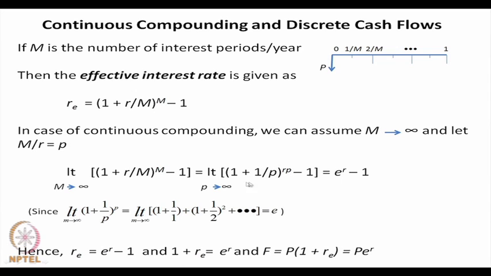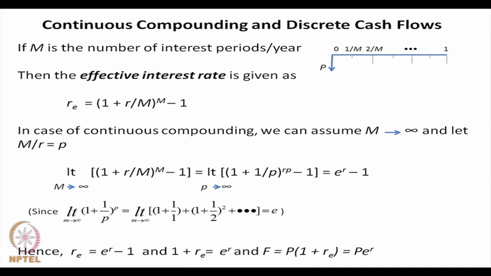Now, this quantity is nothing but e to the power r. This is a series. If we expand this for different values of p, then we will see that it is nothing but e to the power r. The first term is 1 plus 1 by 1 to the power r. The second term is 1 plus 1 by 2 to the power 2 r, 1 plus 1 by 3 to the power 3 r, and this will come as e to the power r.